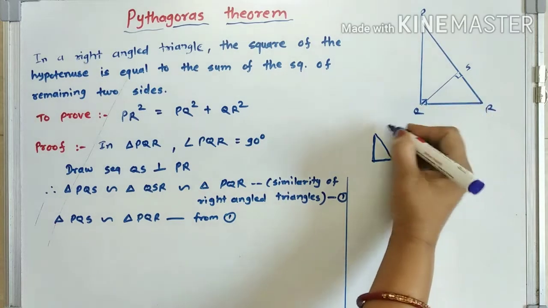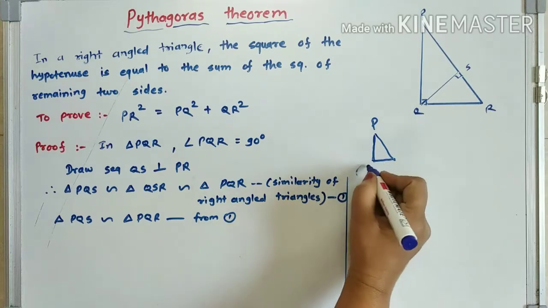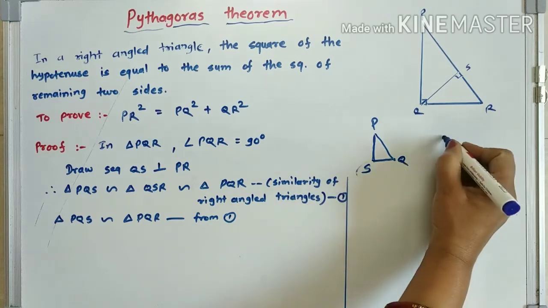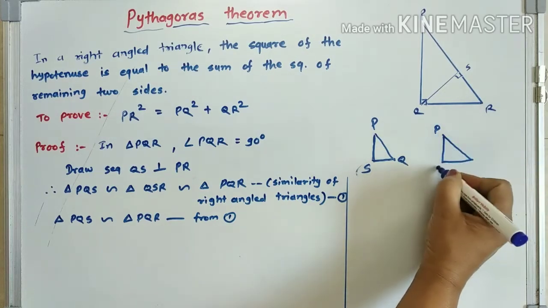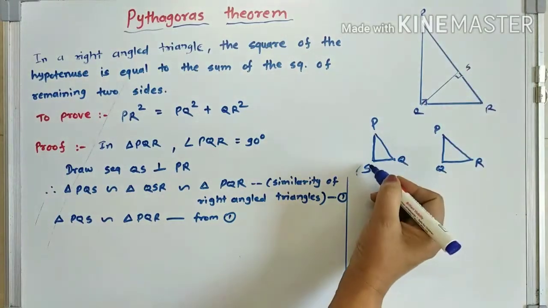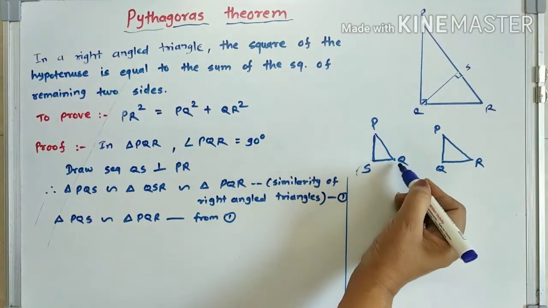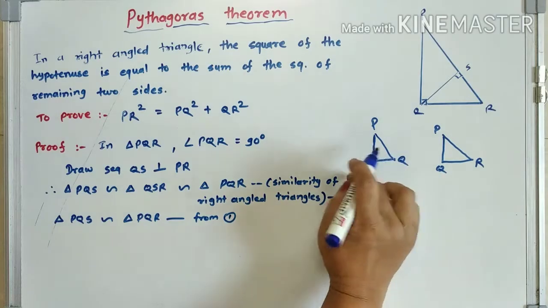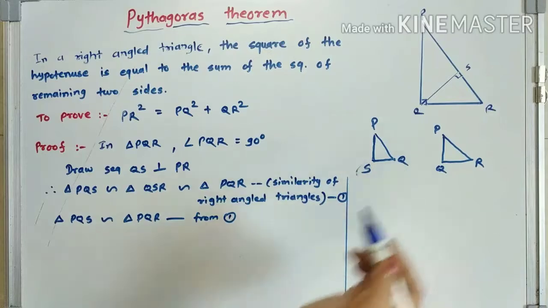This is triangle PQS, and this is the original triangle PQR. This is PSQ. Perpendicular sides are PS and SQ, and hypotenuse PQ in this triangle, and here PQ.